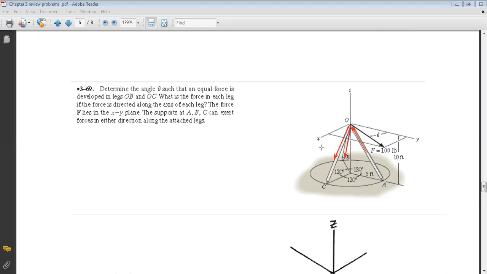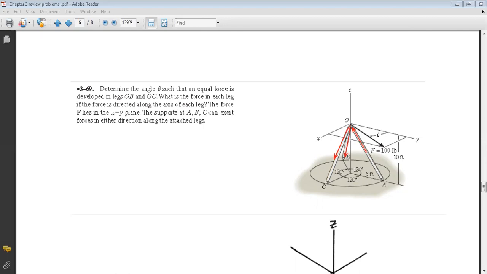Even if you assume the F in OA downward, the calculation will tell you that it's wrong. You will end up with a negative result, because if it is downward and OB and OC are downward, then I cannot have equilibrium in Z. So from the beginning, I assumed that the force in OA is up.